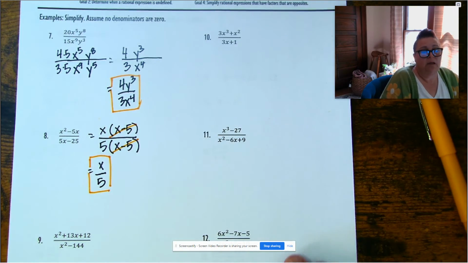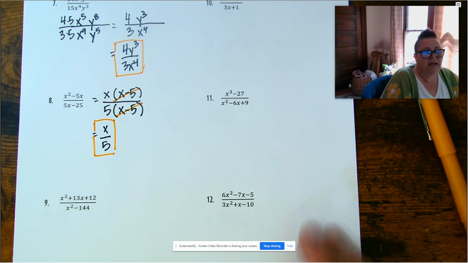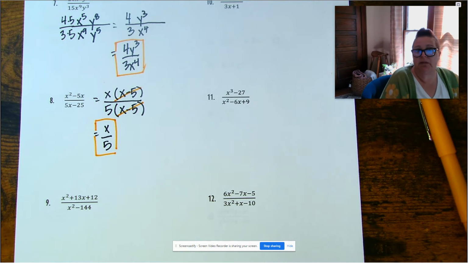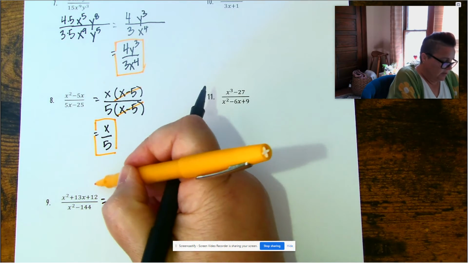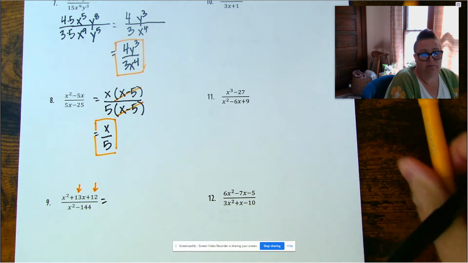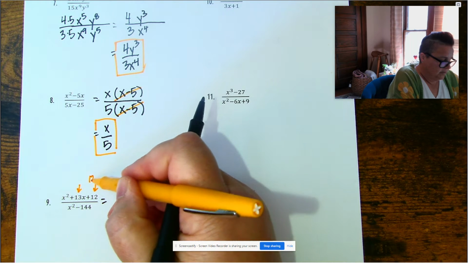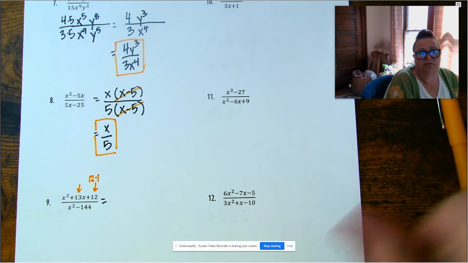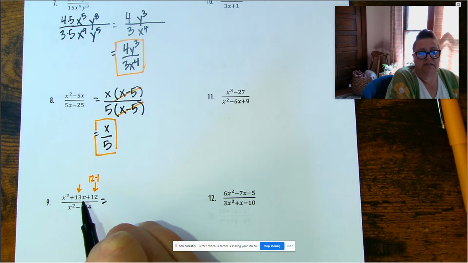All right. Problem number 9. We always want to factor first. Here we have an x squared plus 13x plus 12. I need two numbers that multiply to give me a positive 12, but add to give me a 13. If I look at the numbers that multiply to give me a positive 12, I notice that 12 times 1 will add to be the 13.